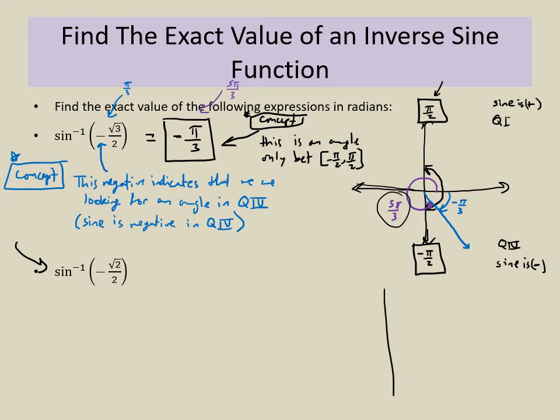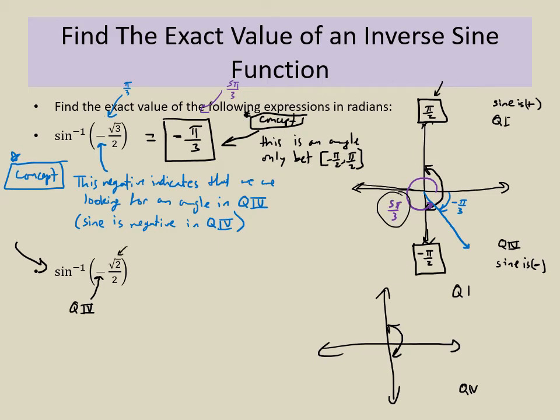Okay, once again, we're looking for an angle here, in Q1 and Q4. This negative tells us that it's going to be an angle in Q4. Which one? So square root 2 over 2.